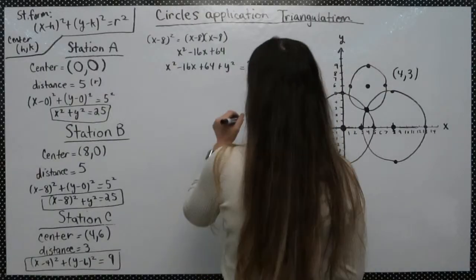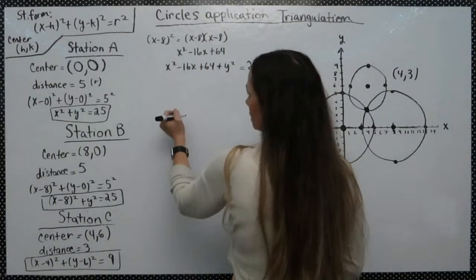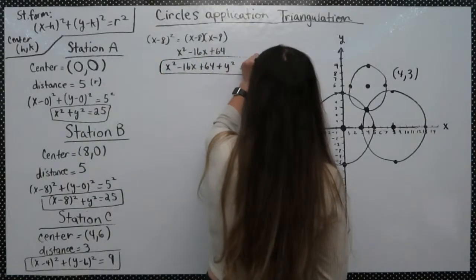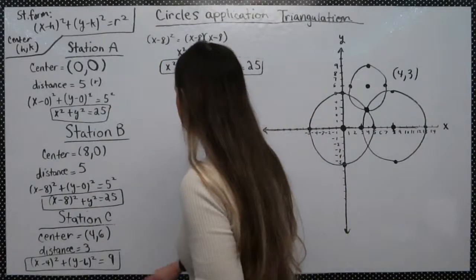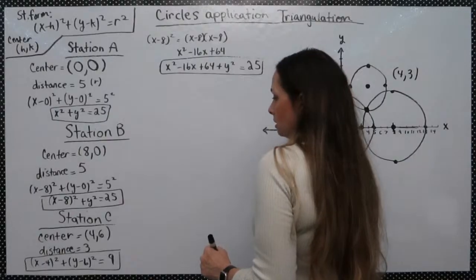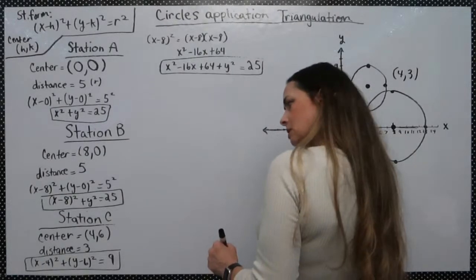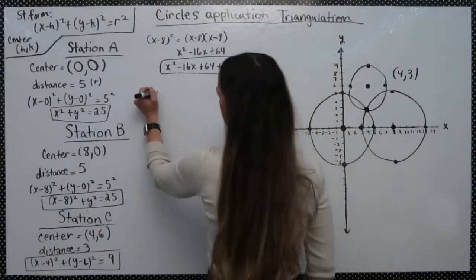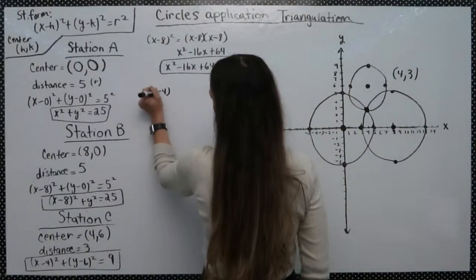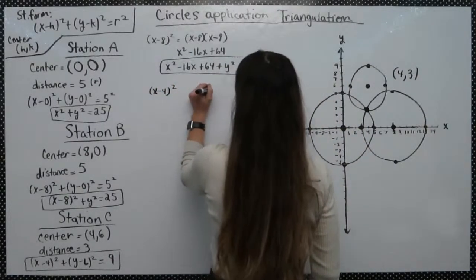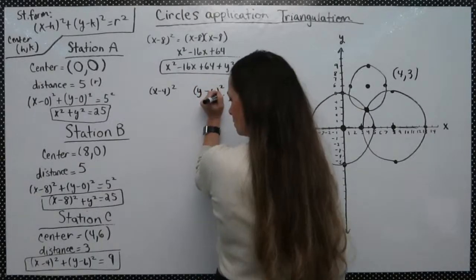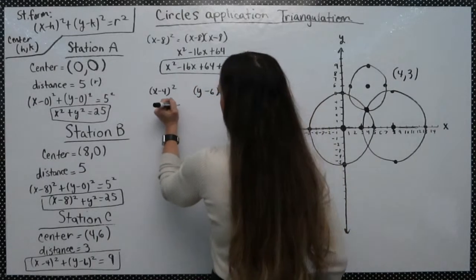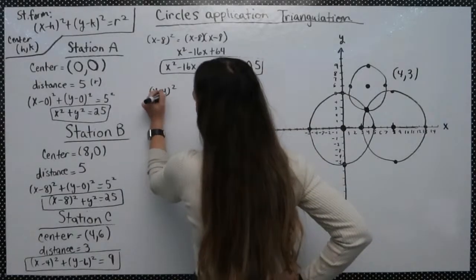And then, so I've got this one, let's see if we can do this one as well. So let's see. We've got (x - 4)² and we have (y - 6)², and that equals 9. So we'll start with this one.